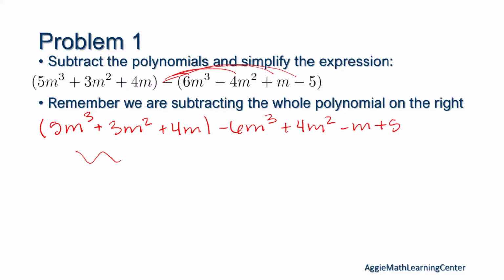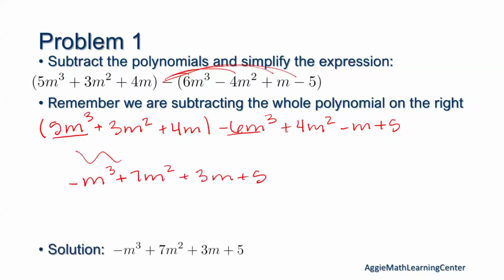Gorgeous. And then from there, what would we do? I just subtract. Yeah, m cubed. Exactly, m squared, just combining like terms. Gorgeous. So we'll have negative m cubed plus 7m squared plus 3m plus 5. And allegedly that's correct.